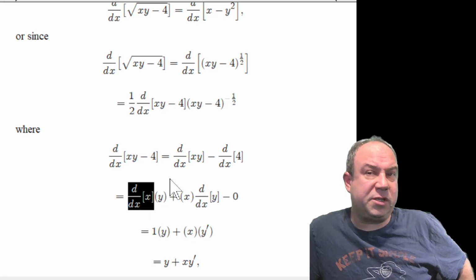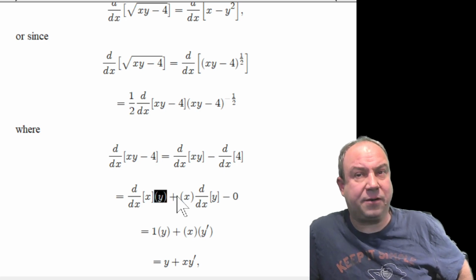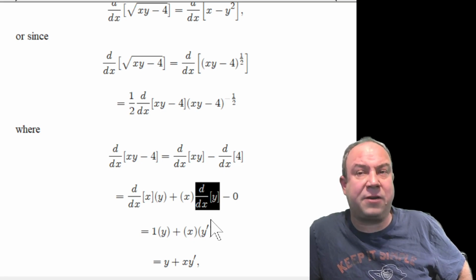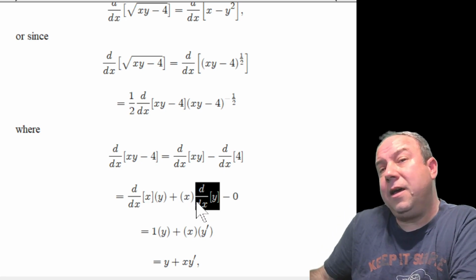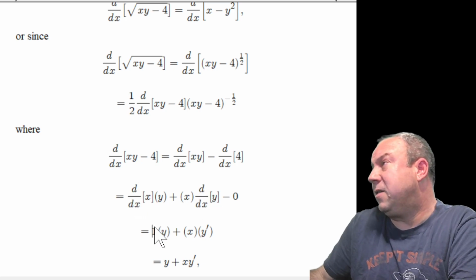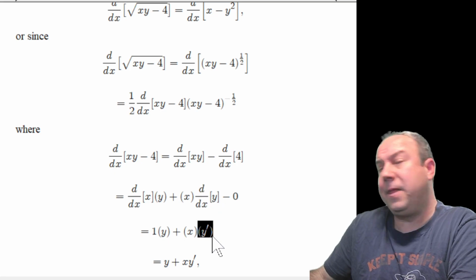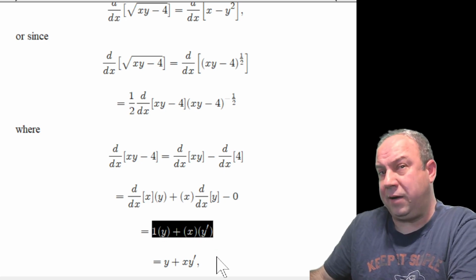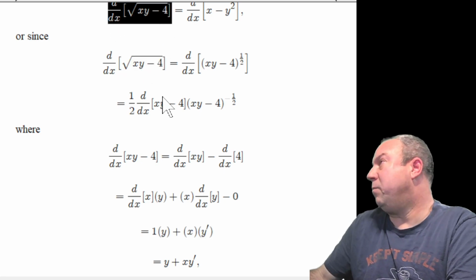So it is the derivative with respect to x for the first factor x times the second factor y, added to the first factor x times the derivative with respect to x of the second factor y. The derivative of x with respect to x is 1, and this derivative we found before is just y prime. So here we have y plus x times y prime for the derivative found on the left-hand side of our implicit differentiation.